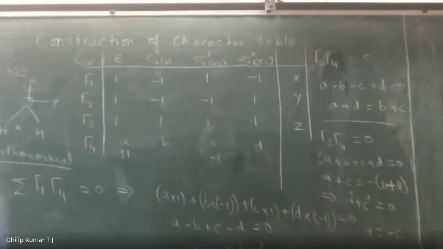If you consider that as the relation, B plus D equal to, let me check, B plus D equal to 0.